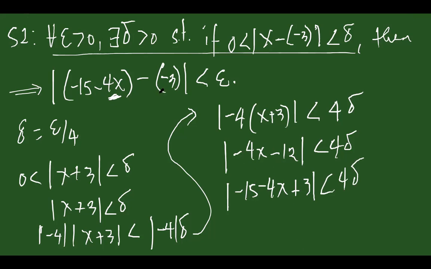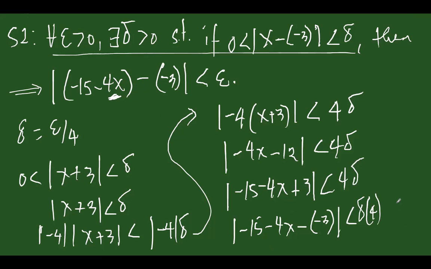However, it is supposed to be written in this manner. We have negative 15 minus 4x, and positive 3 can be expressed as minus negative 3, less than 4 delta. Here we go. So we have already expressed the left-hand side in terms of the left-hand side of the one we're trying to express.